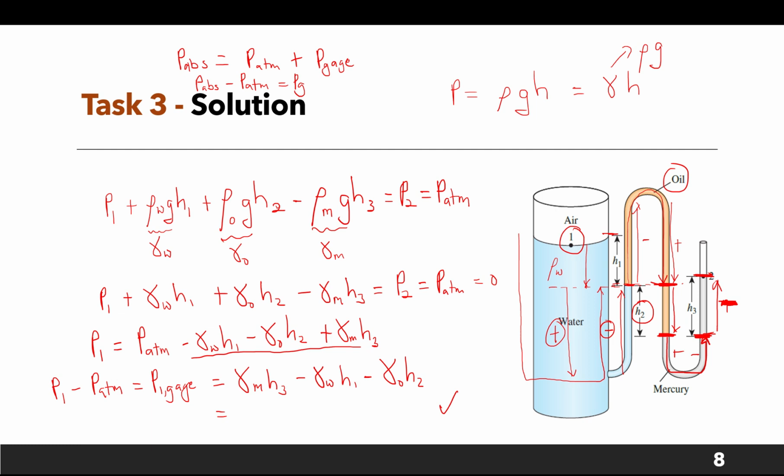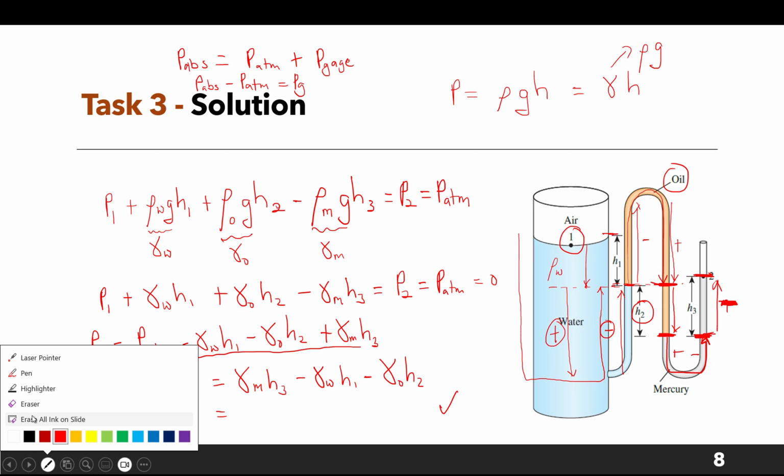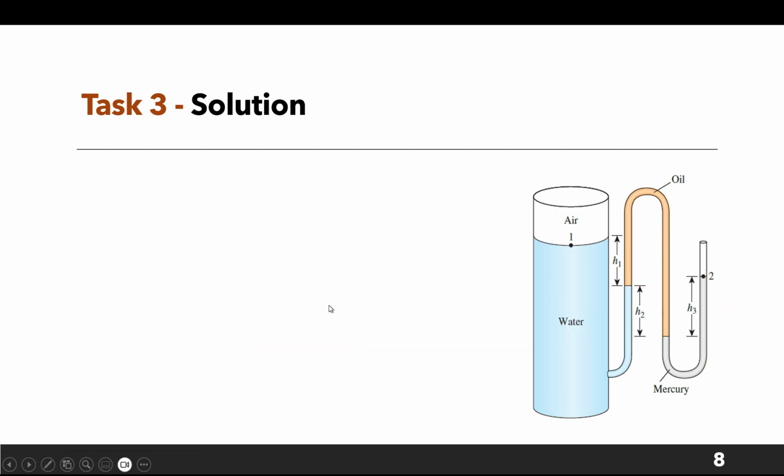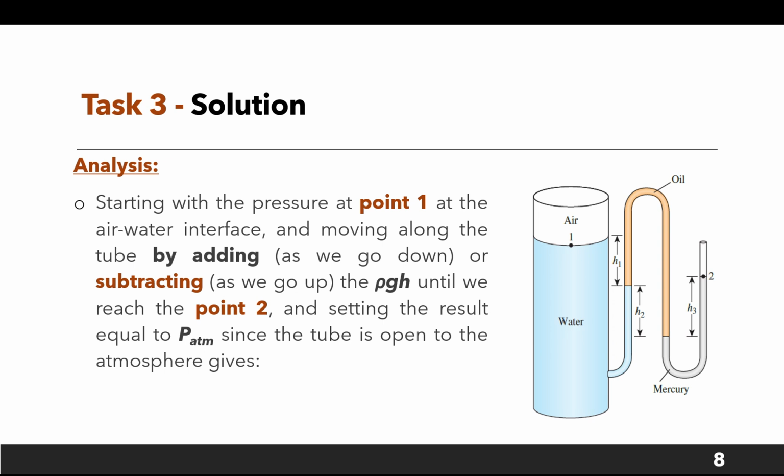And then we try to do the substitution. All right, so let me clear this surface and then show you the analysis in detail. All that I've explained, I've written here too for you to understand. So we start from that P1, we move down, plus water, then we go for this, right?